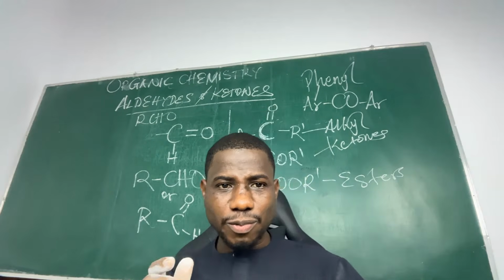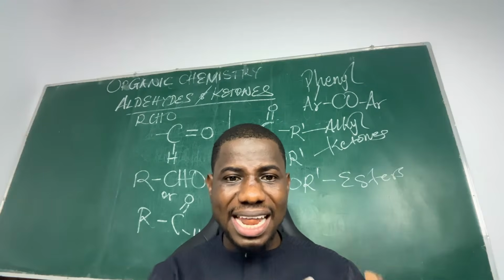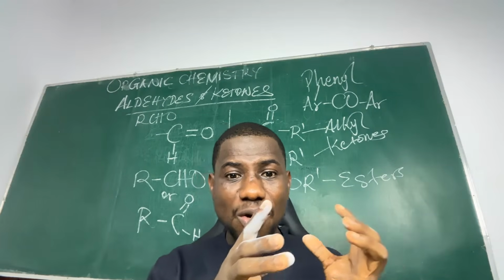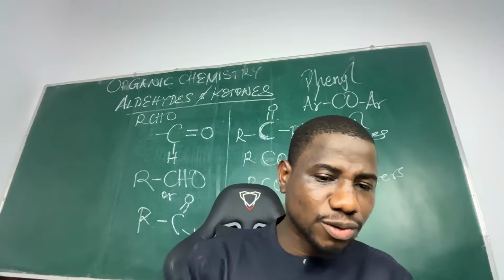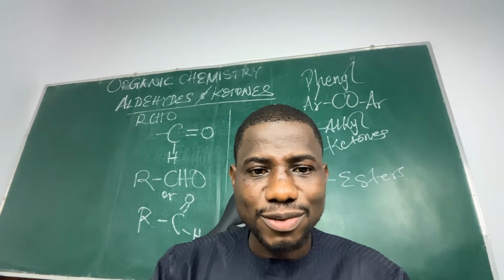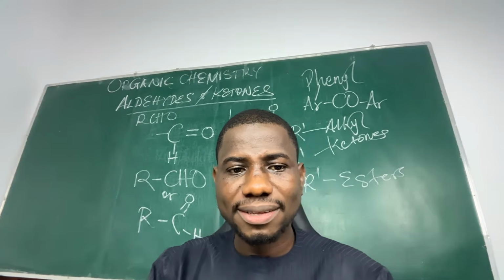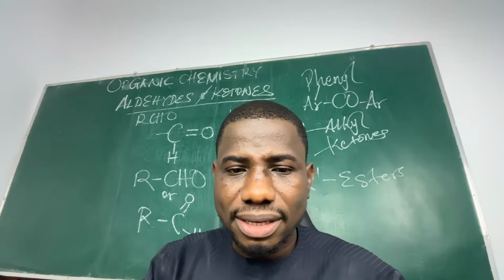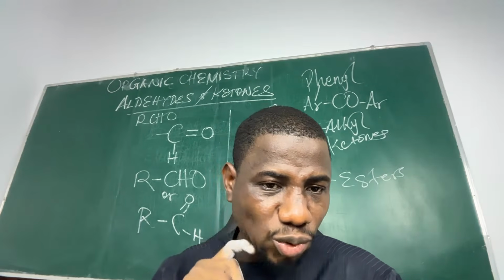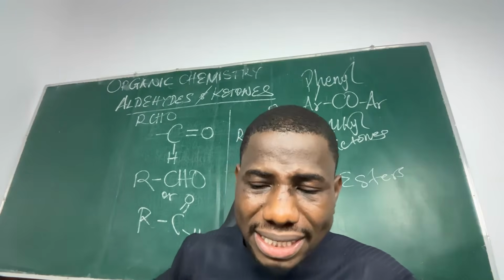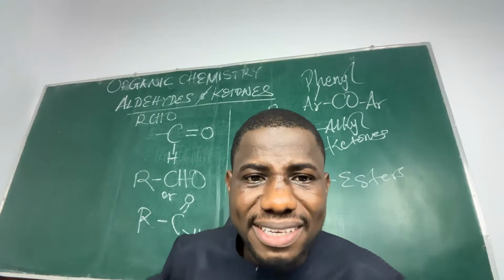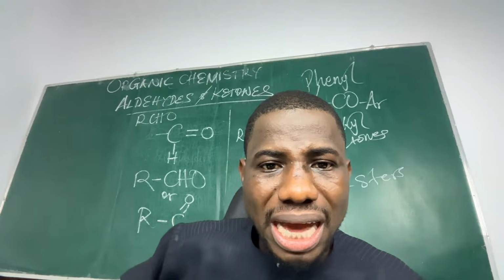So that's why I call these aldehydes and ketones, alkanal and alkanone. Very, very important. Take note of that. I say that saturated aliphatic aldehydes are called alkanal, but saturated aliphatic ketones are called alkanones.